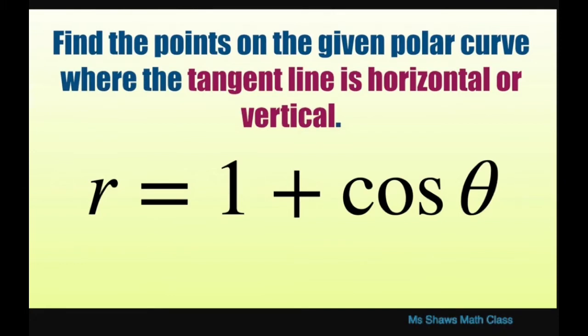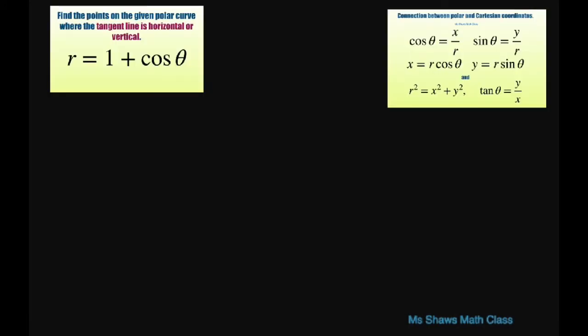Hi everyone, we're going to find the points on the given polar curve r equals 1 plus cosine of theta where the tangent line is horizontal or vertical. So for the horizontal one, what we're going to do is take the derivative of y with respect to theta.